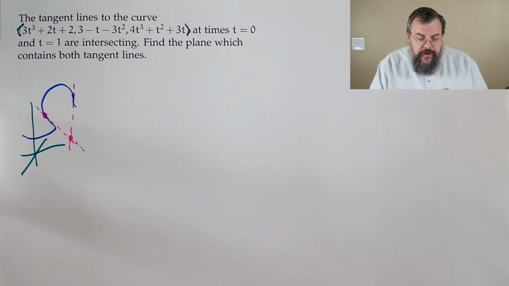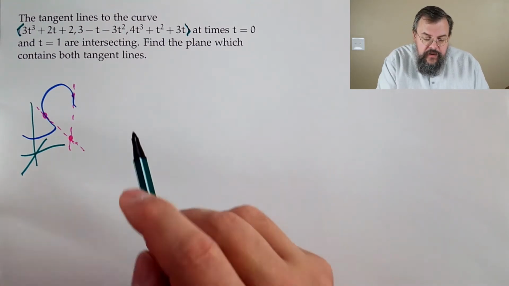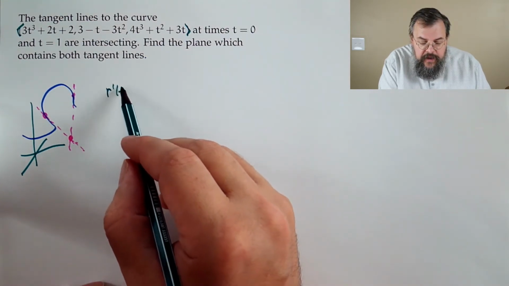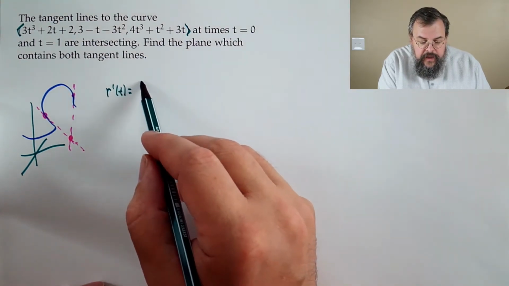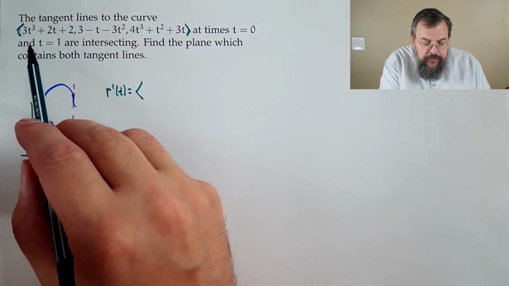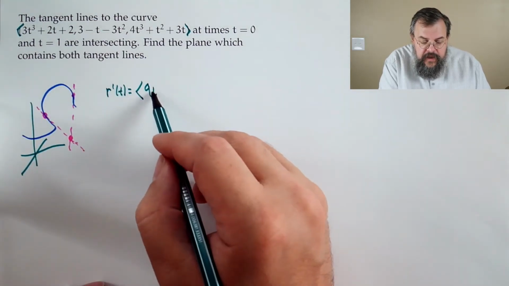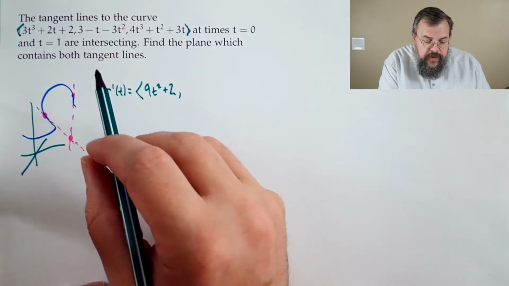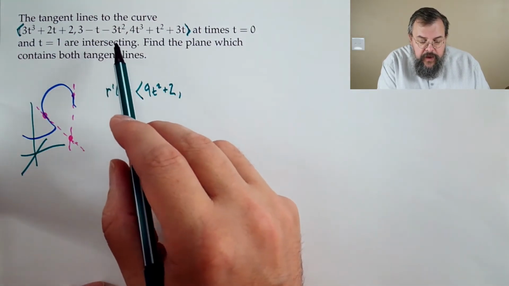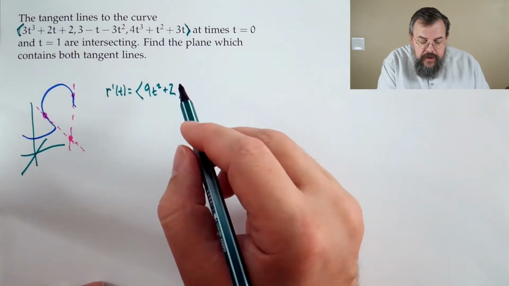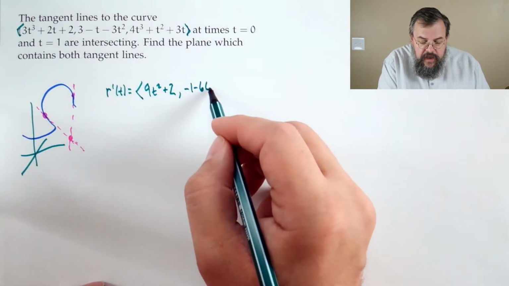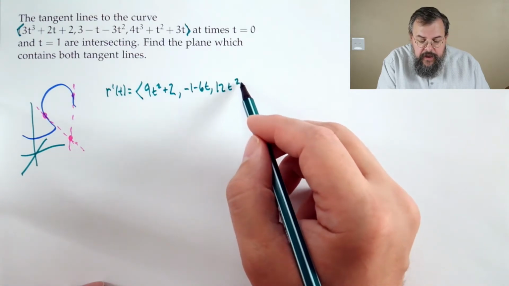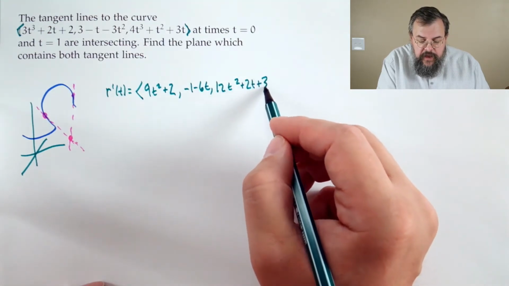So, if we think of this as our r of t, we look at our derivative, r prime of t. And what do we have? 9t squared plus 2, comma, minus 1 minus 6t, comma, 12t squared plus 2t plus 3.